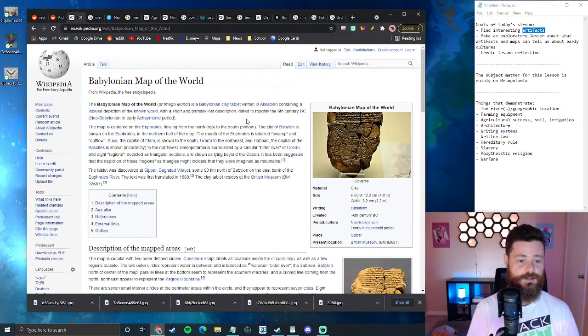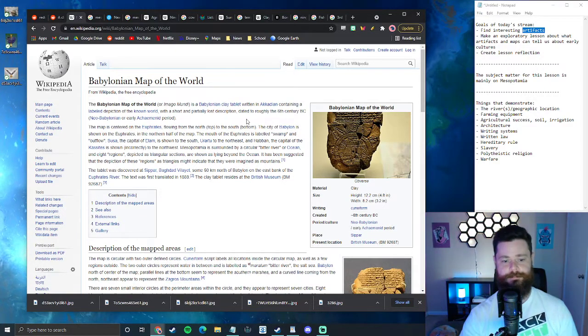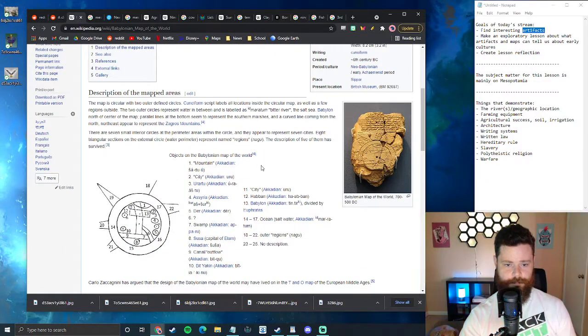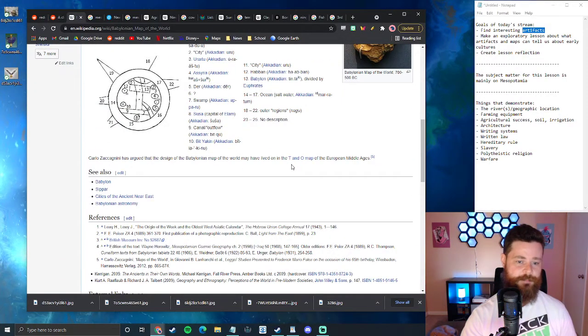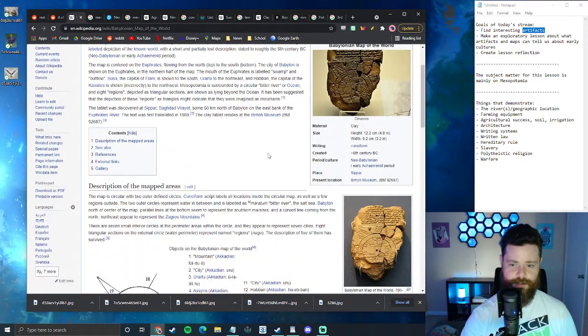It has been suggested that the depiction of these regions as triangles might indicate that they were imagined as mountains. Oh, that's kind of cool. I wonder if there's additional inscribed information on it, maybe like a map key or something. Oh, that's kind of cool.